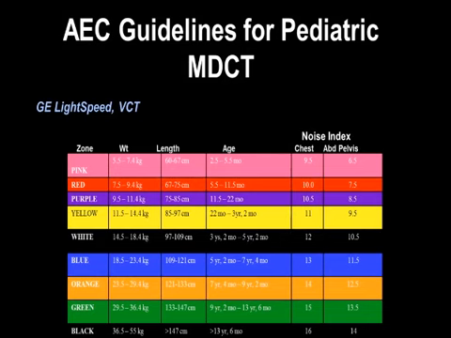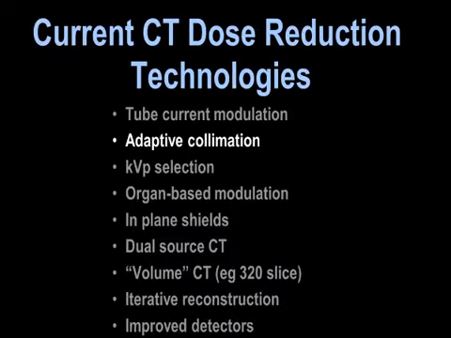But the point is, you can't just apply the adult programs that are supplied by manufacturers to children because you're going to get very noisy-looking images. And it's going to take work with application specialists and medical physicists and so on to perfect those things.